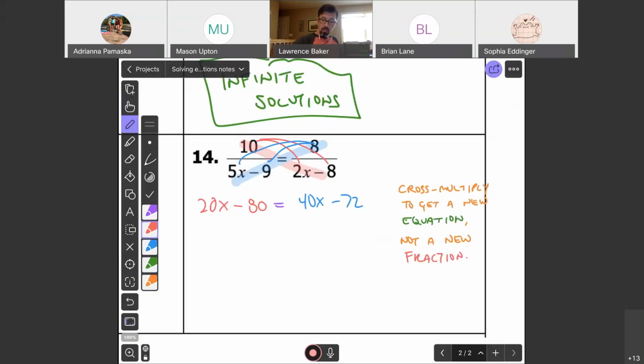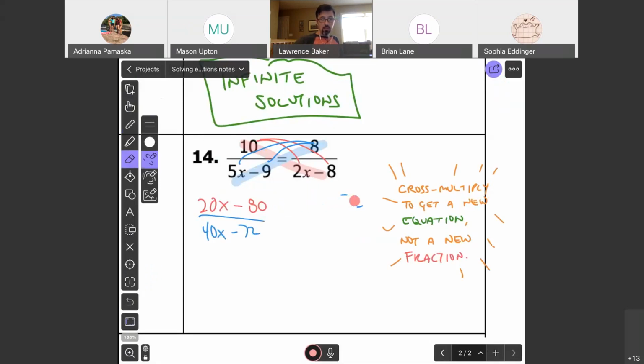I've seen students do it before where they take that 20x minus 80 and they write it over 40x minus 72 or something like that. Now they have this new fraction, and then there's no equal sign or anything. There's no equation anymore. It's just gone. That's not good. So rewrite it as a new equation to solve.